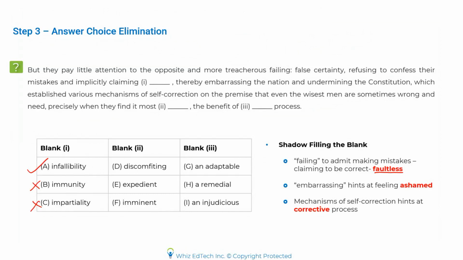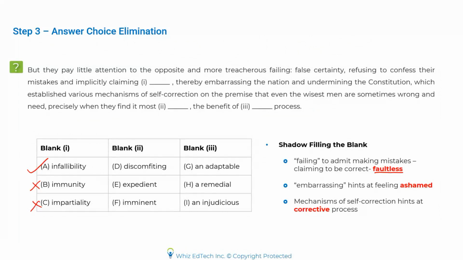If I know the meaning of immunity, if I know the meaning of impartiality, and I know that I'm looking for something close to faultless, I can look at infallibility. So infallible means not given to the weakness that most men, most humans experience. Infallible, cannot make a mistake.